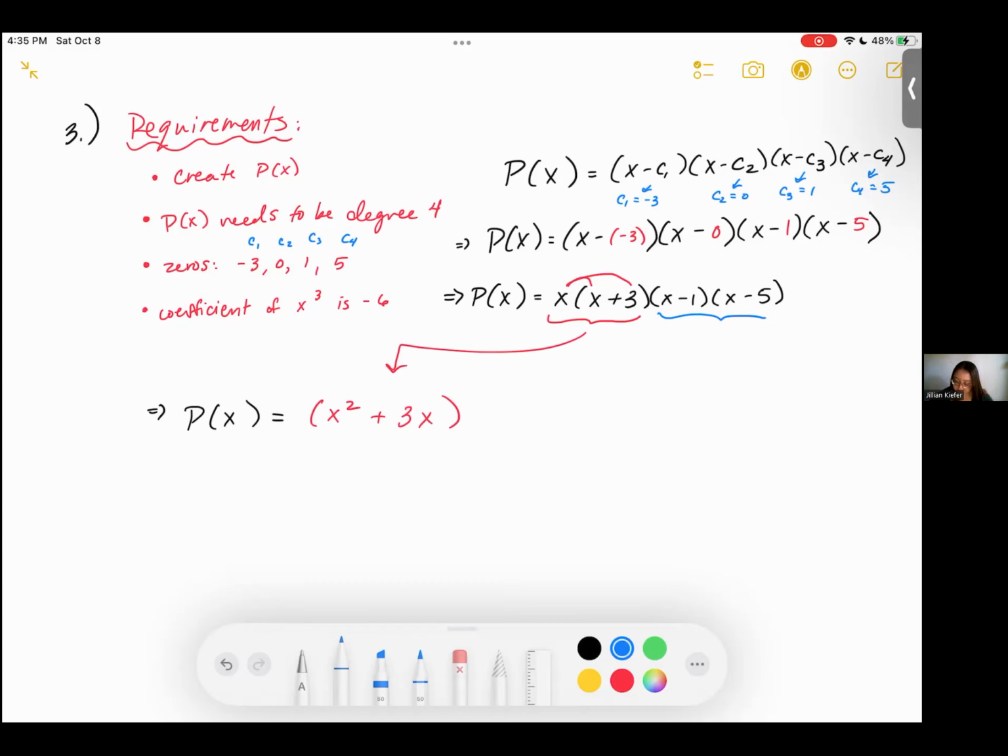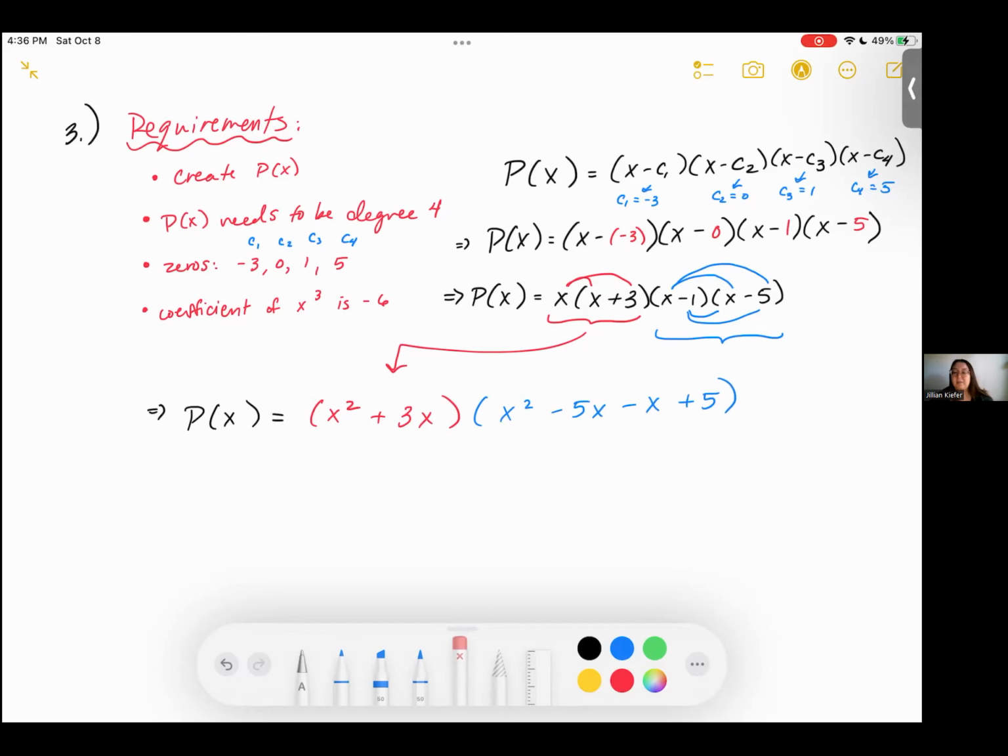And it's going to be a little bit more difficult with the second one. So we really have to FOIL on the second group. So foiling, we're going to have first, which x times x is x squared, plus outer, so the outer terms, x times -5 would be -5x, plus the inner terms, -1 times x would be -x, plus last, so the last terms, -1 times -5 would be +5.